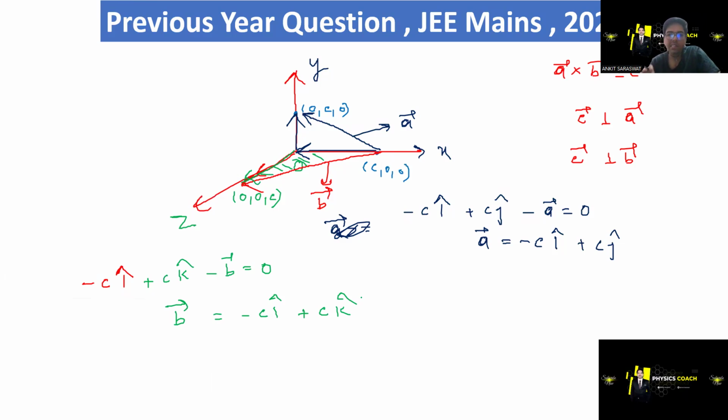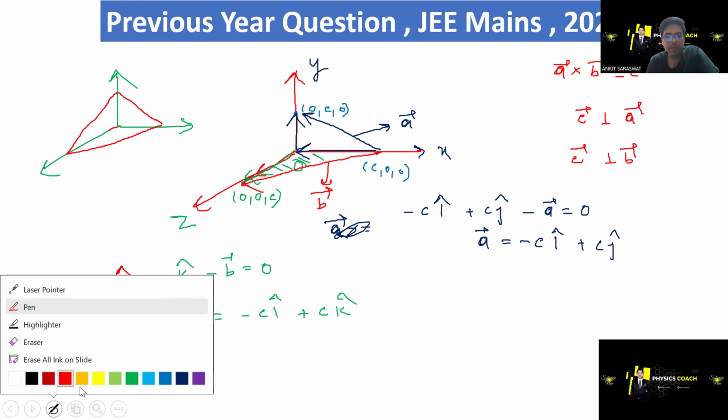So of these two vectors, one vector is the a vector like this, and one is like this. This is our plane wavefront, and these vectors are lying in the plane itself.